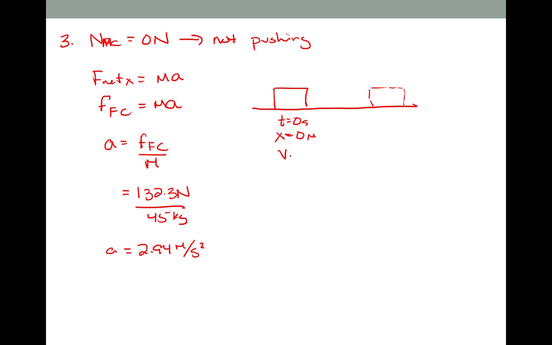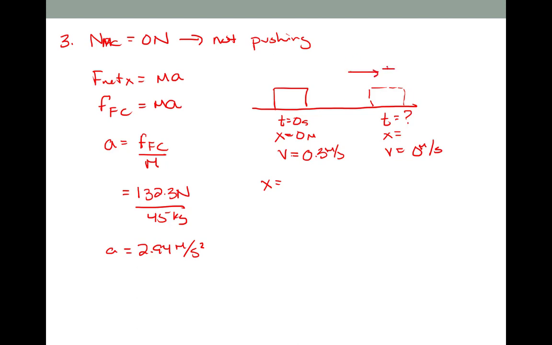But it is moving at 0.3 meters per second as given in the problem. At an unknown time later, it's traveled some distance, but it has come to a stop.